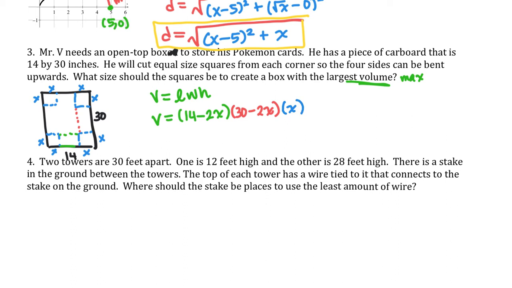Now this is what I'm trying to optimize. I could leave it like this, but in the next section we're going to have to find the derivative, so let's multiply this out. 14 times 30 is 420, minus 28x, minus 60x, plus 4x squared, and then times that extra x.